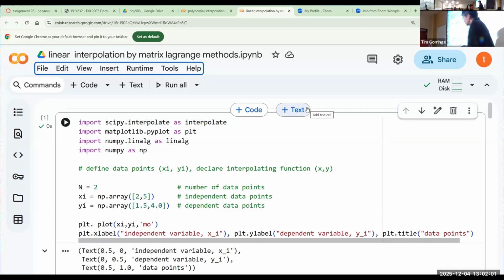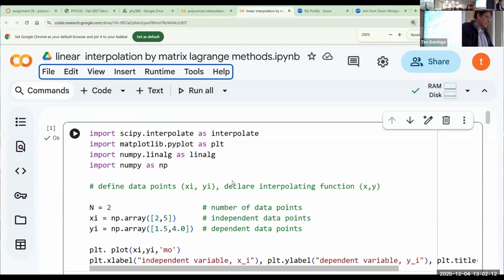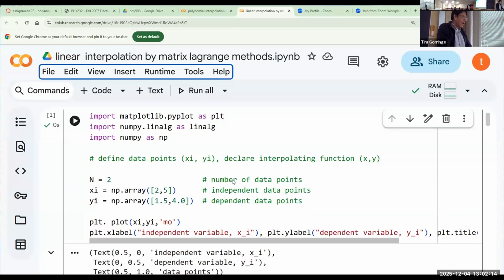In this one cell I'm defining a little NumPy array xi to contain my independent variable, and a little NumPy array yi to contain my dependent variable.